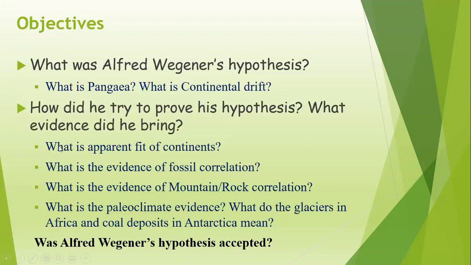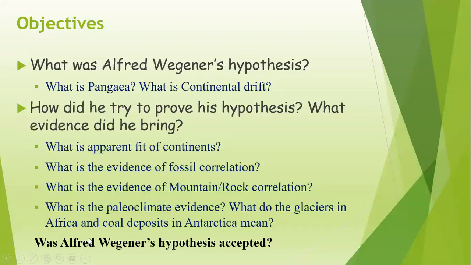One of his evidences was the apparent fit of continents, which we will see. One of his evidences was related to the fossils. One of his evidences was about the mountains and rocks. And one of his evidences was about the paleoclimate. In this evidence, we have something called glaciers in Africa.